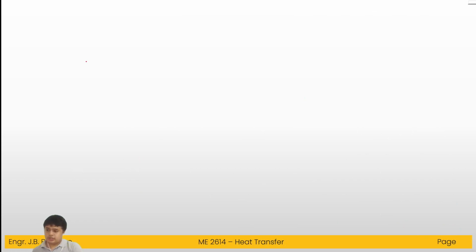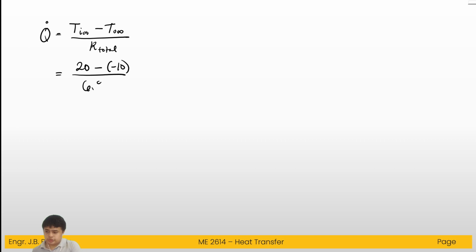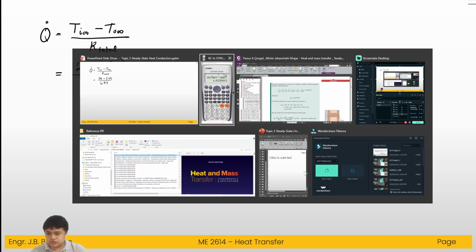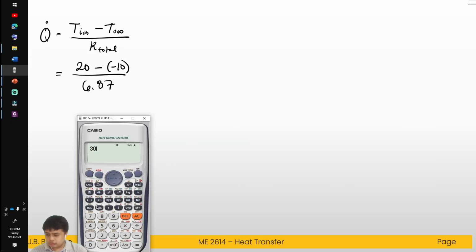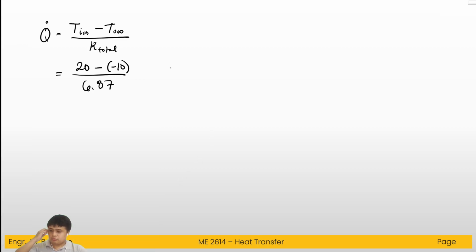So take note of that because we will utilize this later. To solve for Q, you have the temperature difference, right? So inside, the air, and then the outside, the air, and then you have our total. So you have 20 minus negative 10, that will be 30 over 6.87. That will be 4.37 watts.